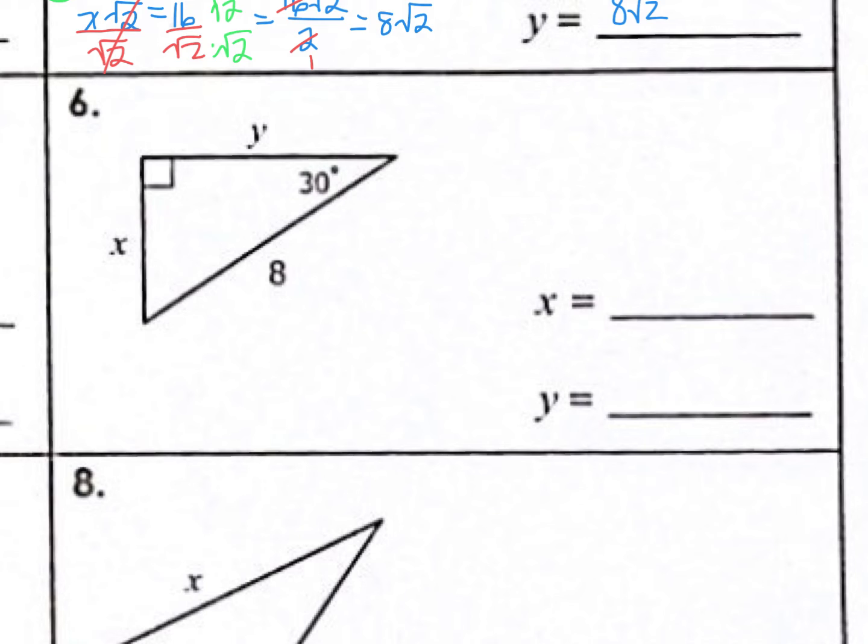Okay, so let's look at this problem. So if this is 30 degrees, this angle here must be 60. And so immediately I'm going to set up 30, 60, 90. And I'm going to use the pattern we just talked about. 1 for 30, radical 3 for 60, and 2 for 90.